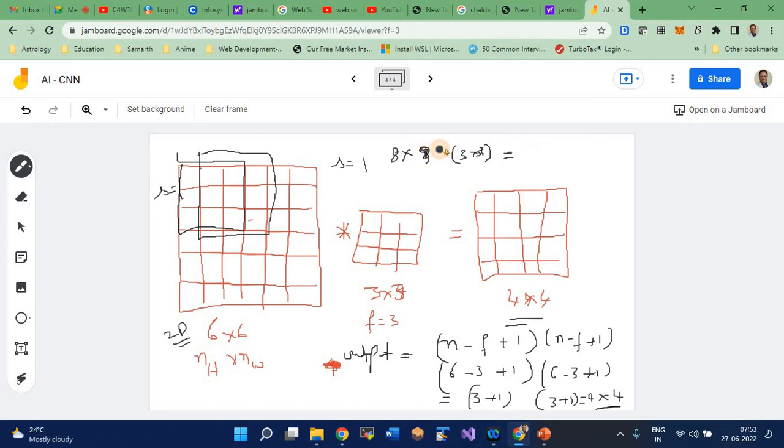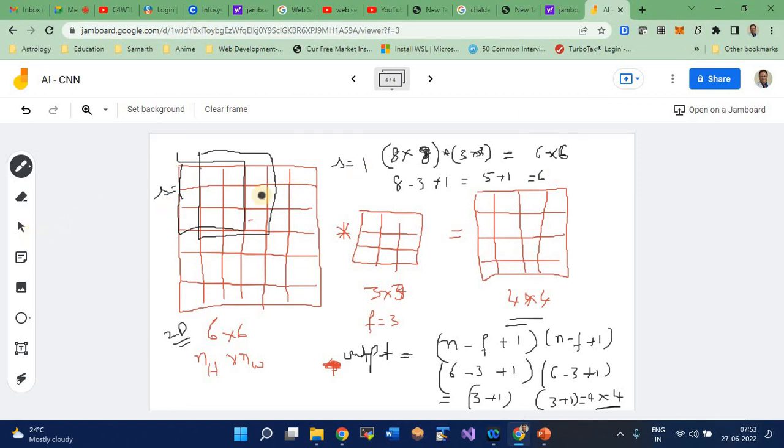It would be a 6 by 6 convoluted image. 8 minus 3 plus 1, which is equal to 5 plus 1, which is equal to 6. So it will give you a 6 by 6.